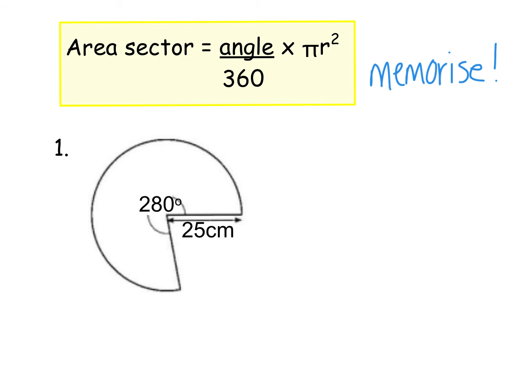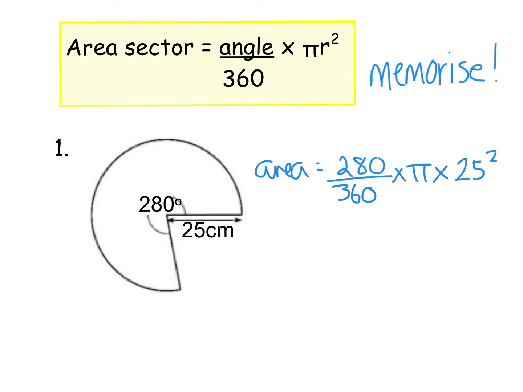So for this one here, I'm going to go straight to the working. So it's my angle, which is 280. So I'll start with area equals my angle over 360 times pi times, now my radius here is just that 25, so it's times 25 squared. And when you go to your calculator, you can use your little fraction button if you want, or remember it's much quicker to just type 280 divided by 360.